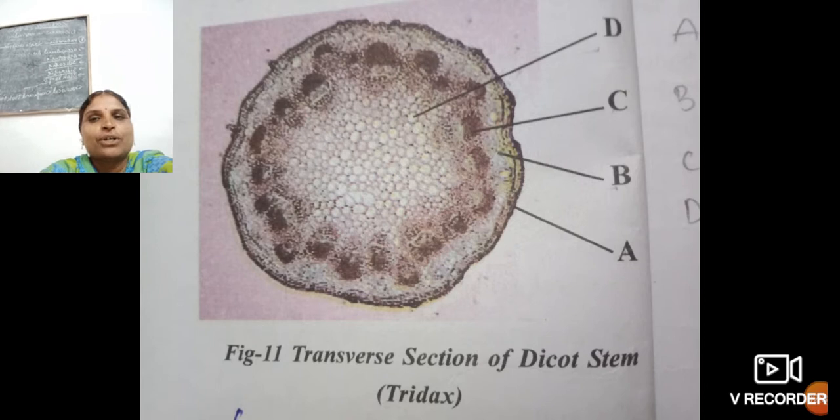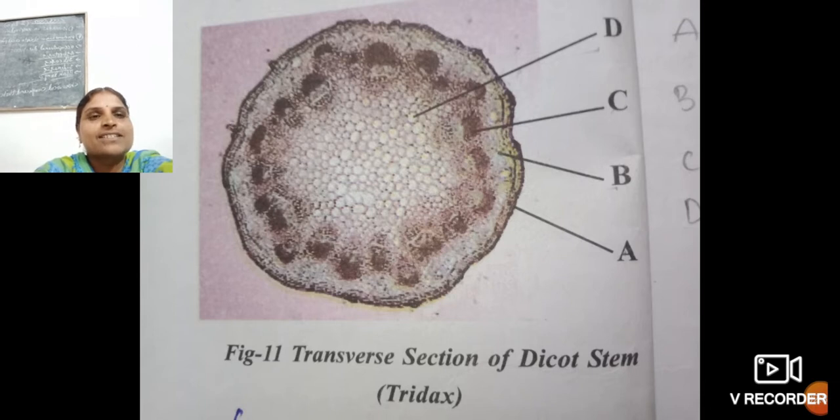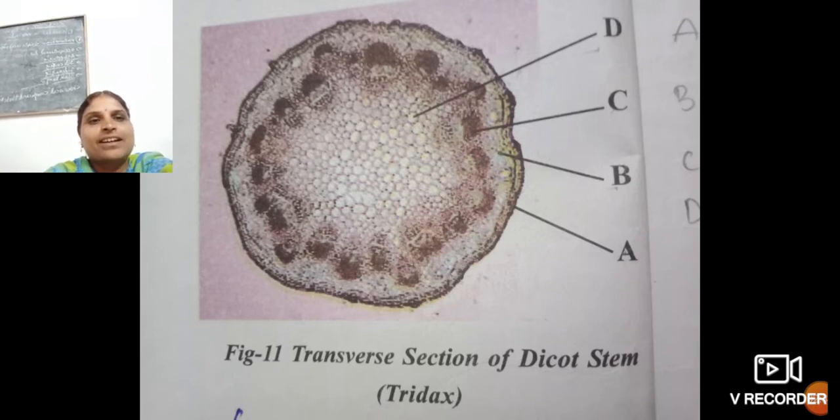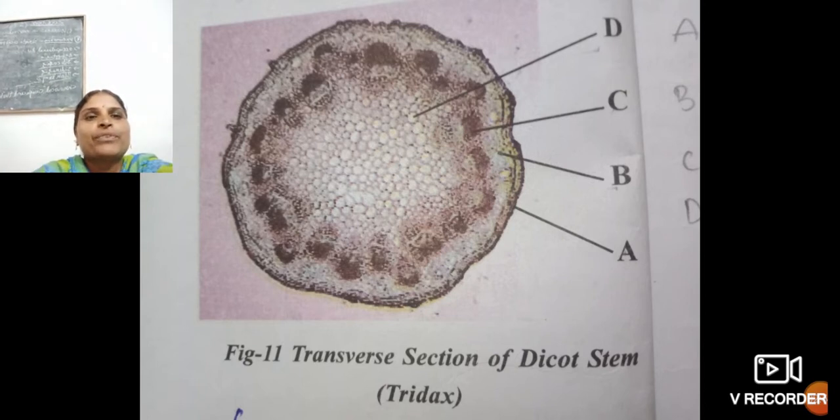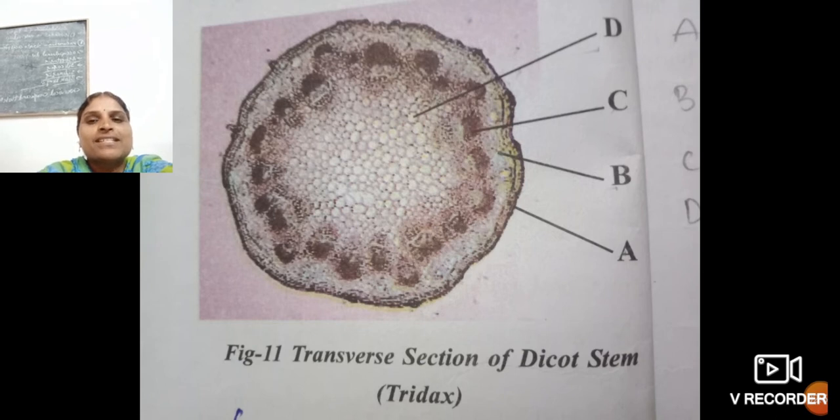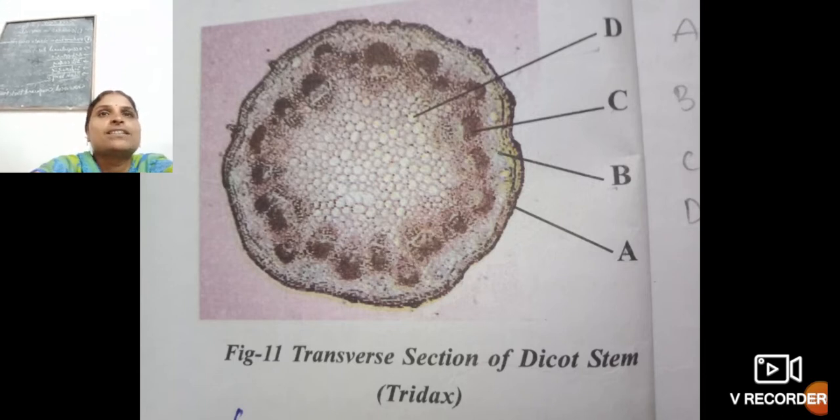Now we will discuss. Group A cells form the outermost layer of the stem, and they give shape to the stem as well as protection. Next, the B cells form the major portion of the stem. In a green stem, this portion has special organs that carry out photosynthesis.